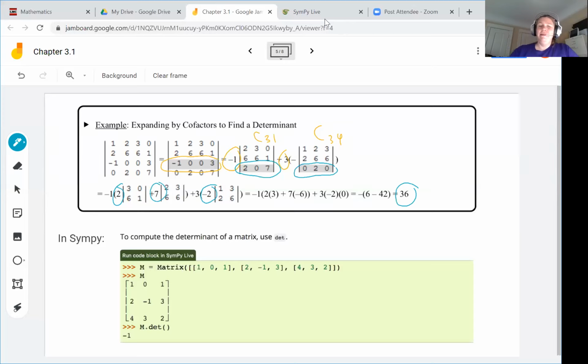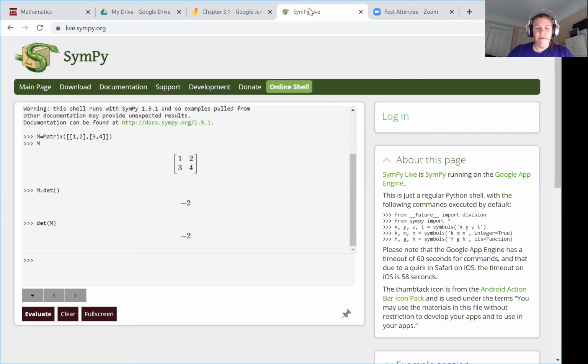So let's head into SymPy and use the determinant function det to verify our calculation of 36. All right, so I'm going to call this matrix M again. So M equals Matrix. The first row is 1, 2, 3, 0.